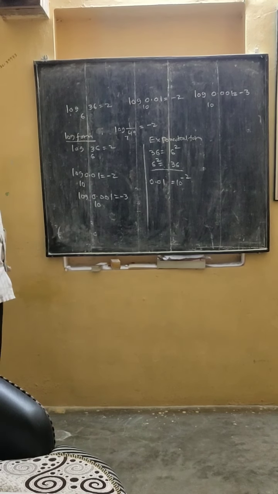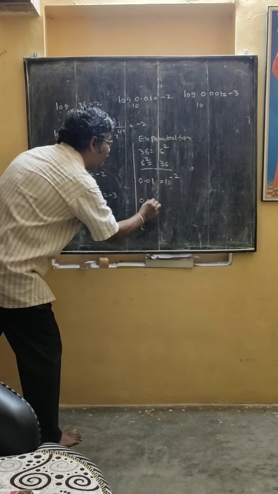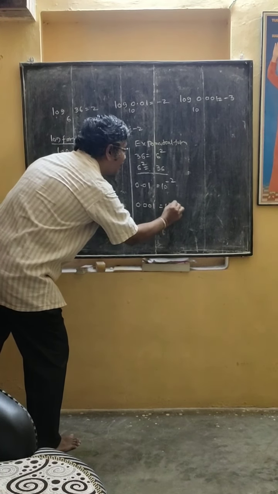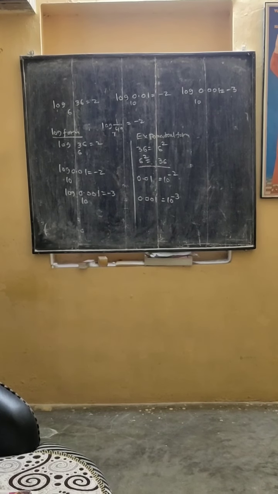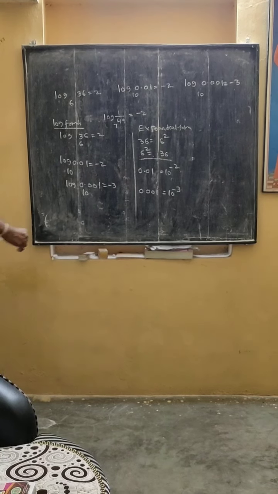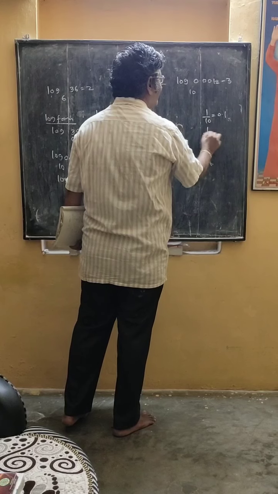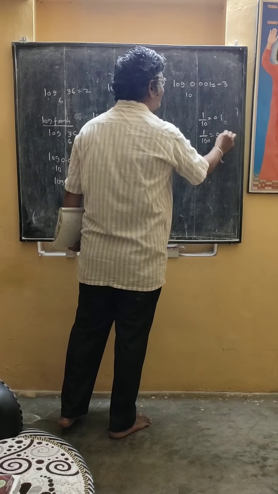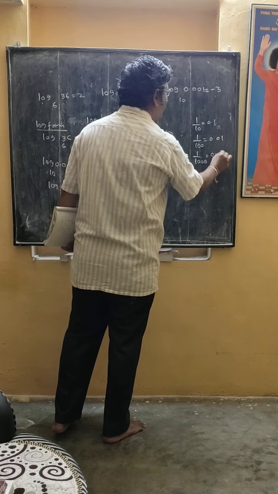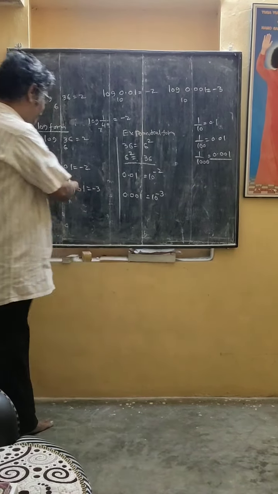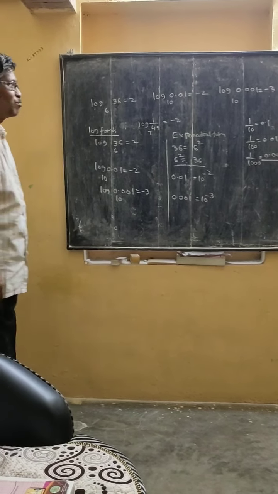How can you write this one? 0.001 is 10 power minus 3, because 1 by 10 means 10 power minus 1, which is 0.1. 1 by 100 means 0.01. 1 by 1000 means 0.001. How many zeros? 2 zeros there. So 10 power minus 3.